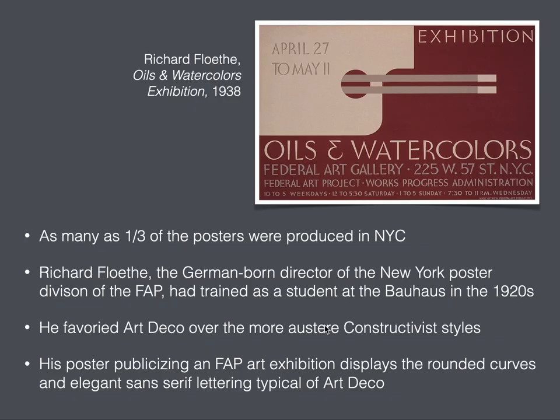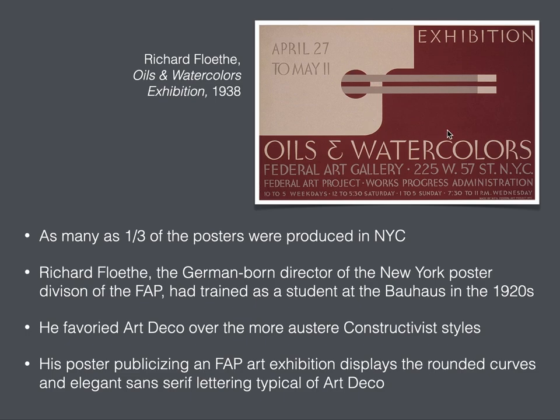So this is a poster by Richard Floth, who created a poster for an oil and watercolor exhibition. About a third of the posters were actually produced in New York City. And this Richard Floth, who created this poster, was actually a student at the Bauhaus in the 1920s. He favored Art Deco over the more austere constructivist styles, which you can see here with this image.